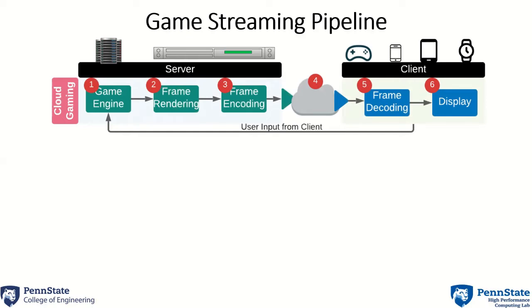At the client, the received encoded frame is then decoded and stored in a frame buffer. The client display processor then fetches and displays it on the user screen. During gameplay, the user interactions are captured by the client and transmitted back to the server. The game engine then integrates these user inputs into the next game state evaluation and frame generation.